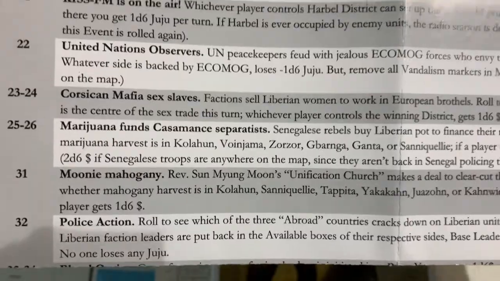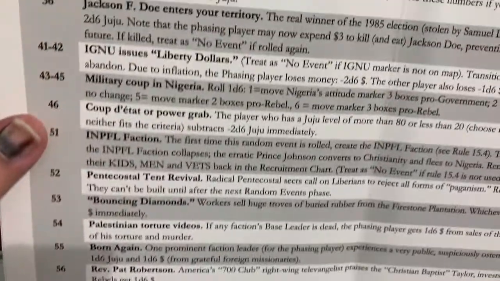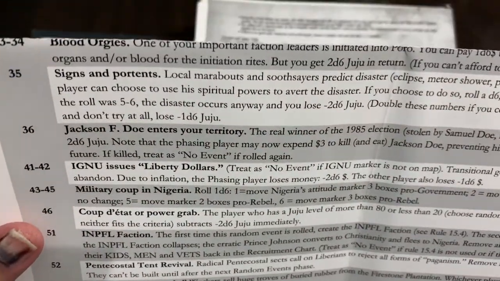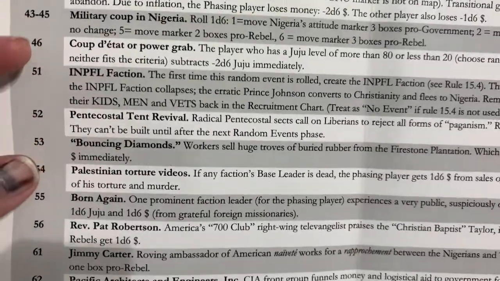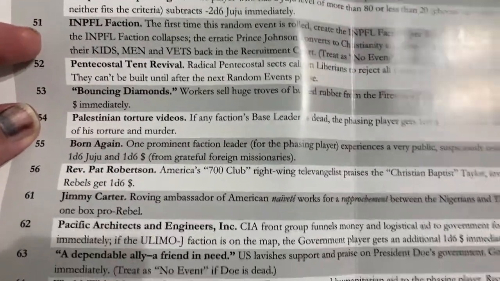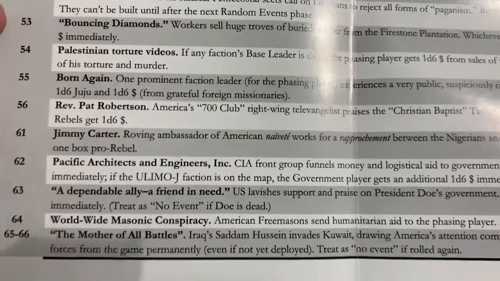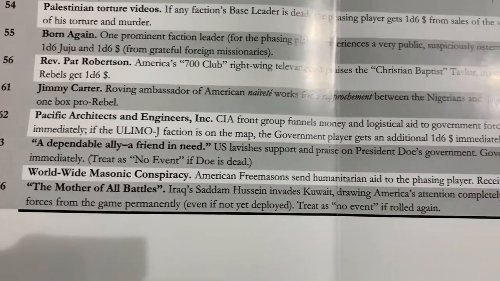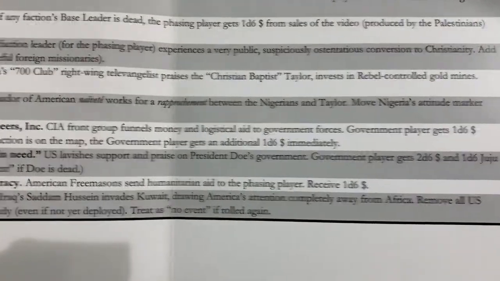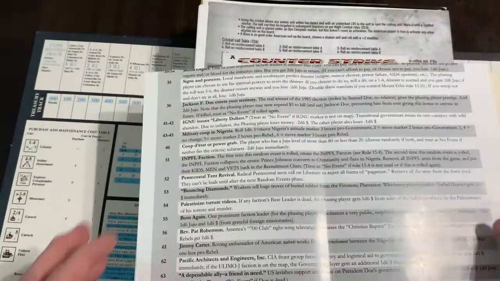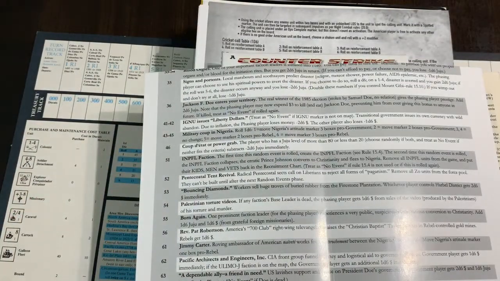But there's all kinds of different events on this table that are really trying to get the feel and the effect of that time period and what was happening and how things could potentially affect the outcome of this conflict.